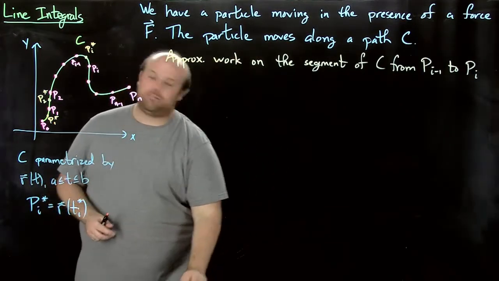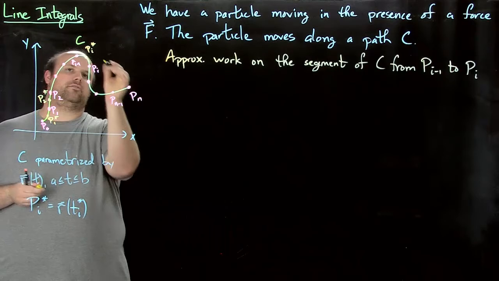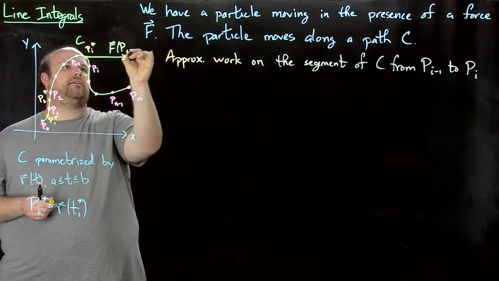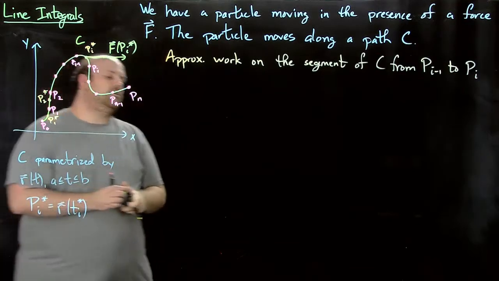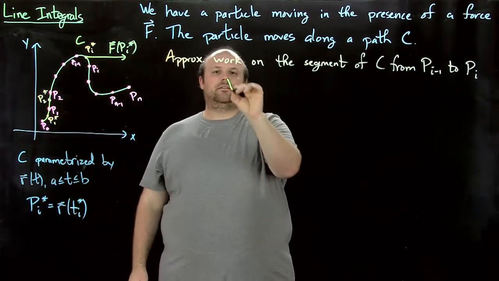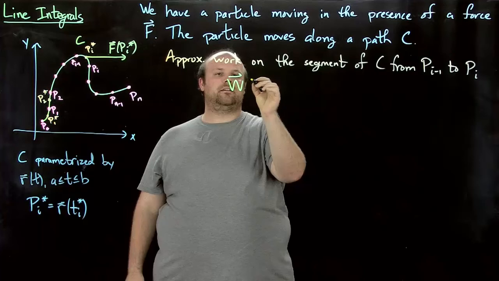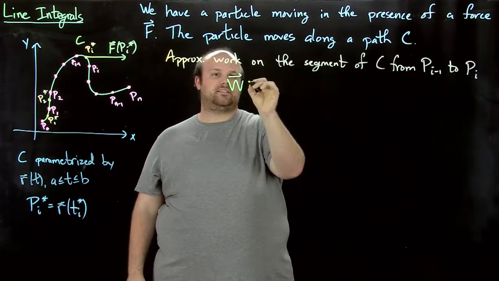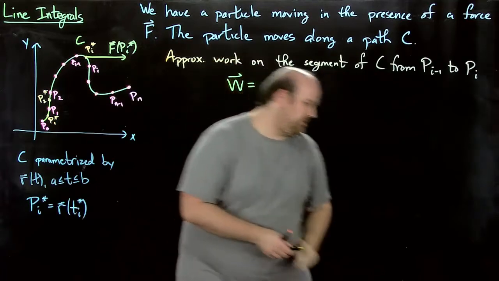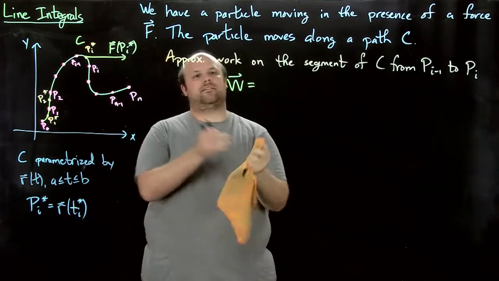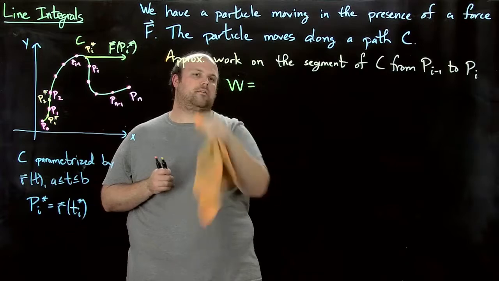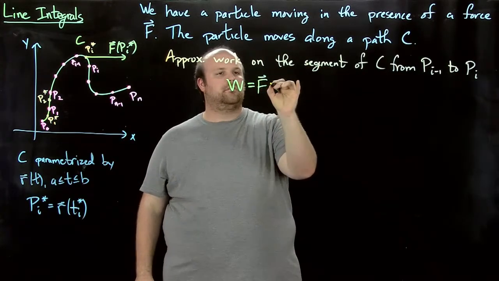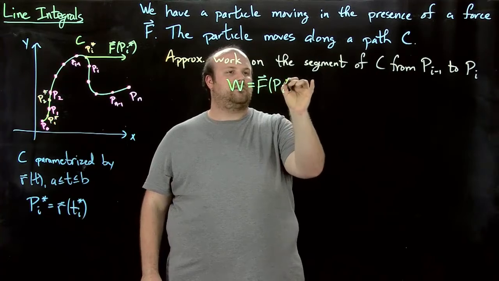So the force at that point might look something, I don't know, it might be going out this way. So this would be F of Pi star. All right. So the work on the segment, or sorry, why am I putting a vector over work? The work on this segment is going to be F at Pi star.